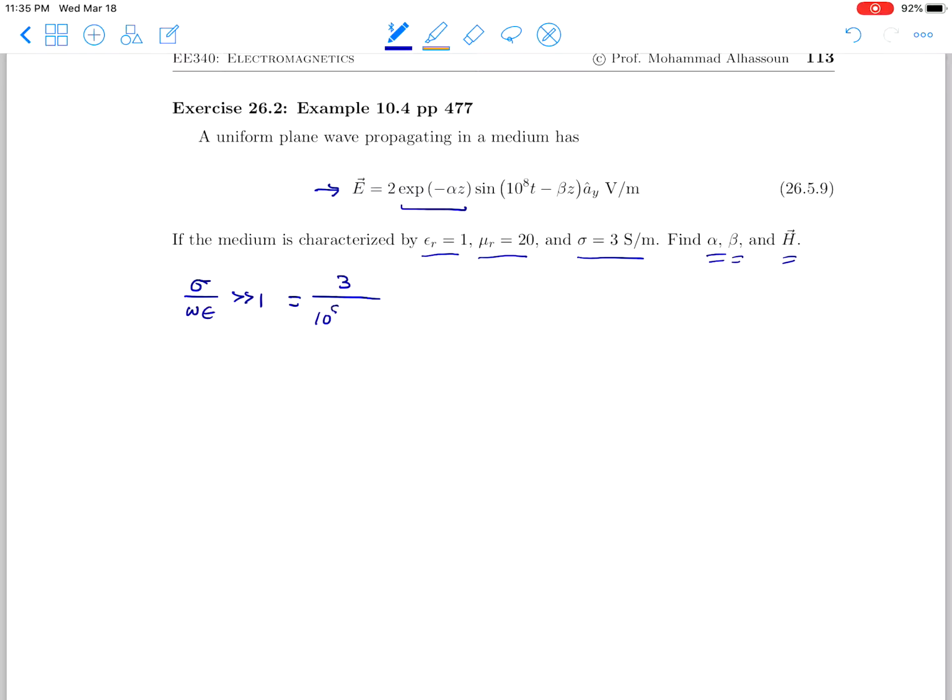So 3 divided by omega, which is 10 to the power 8, times epsilon naught, which is 8.854 times 10 to the power negative 12, and this one is 3393, which is much greater than 1. So the material is a good conductor.